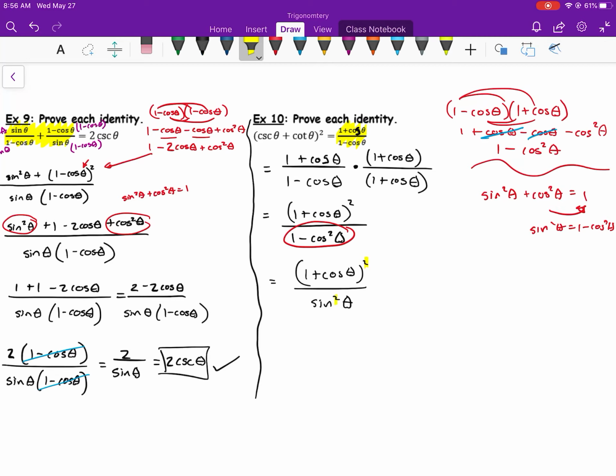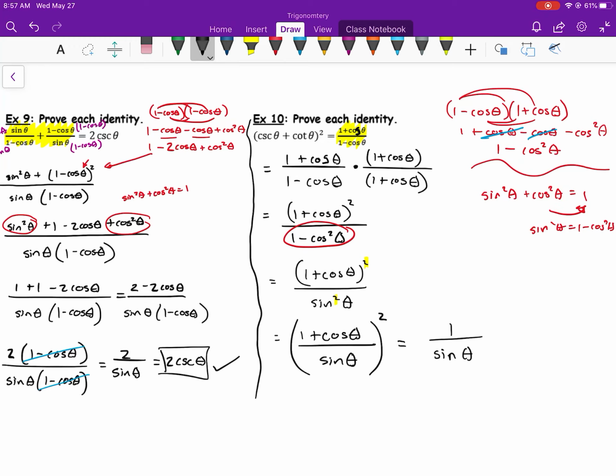Since both of these have squares there, we can say this, 1 plus cosine theta over sine theta, quantity squared. And pull the fraction apart in the parentheses.